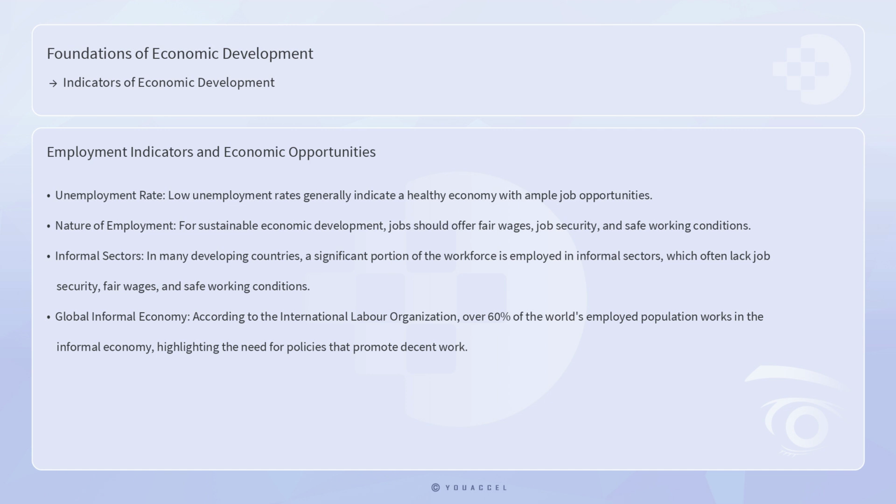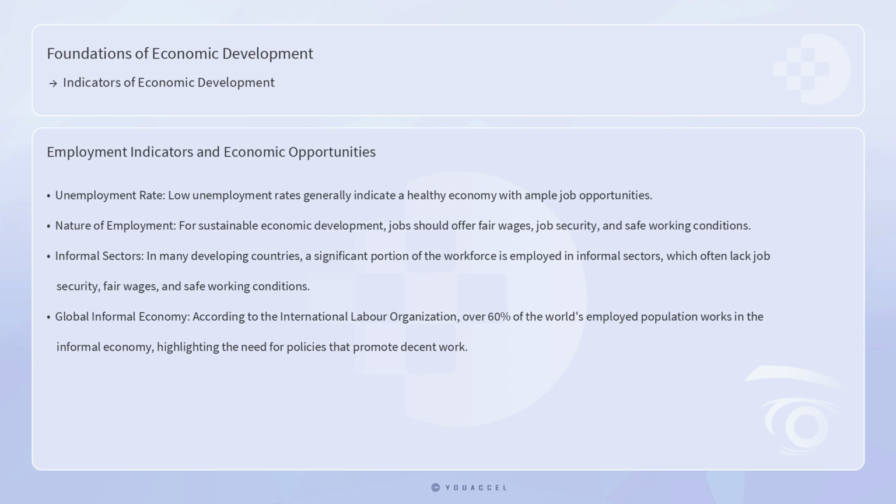Employment indicators, such as the unemployment rate and labor force participation rate, provide insights into the economic opportunities available to a population. Low unemployment rates generally indicate a healthy economy with ample job opportunities. However, the nature of employment is also crucial. For sustainable economic development, jobs should offer fair wages, job security, and safe working conditions.